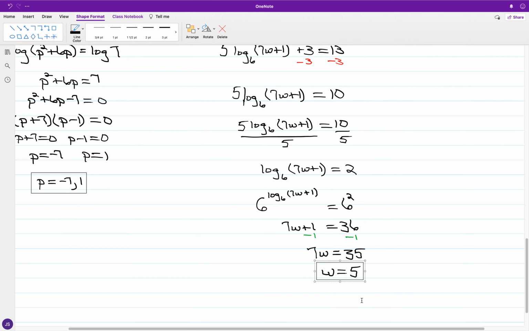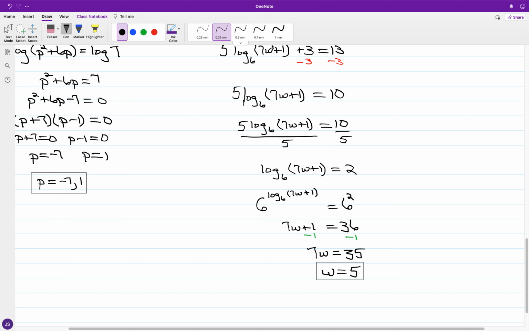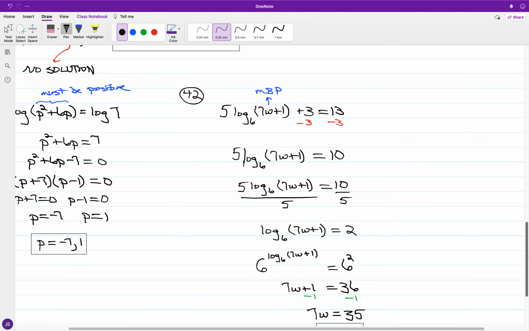And then we have, in the case of number 47, okay, this one, we're looking at a natural logarithm.